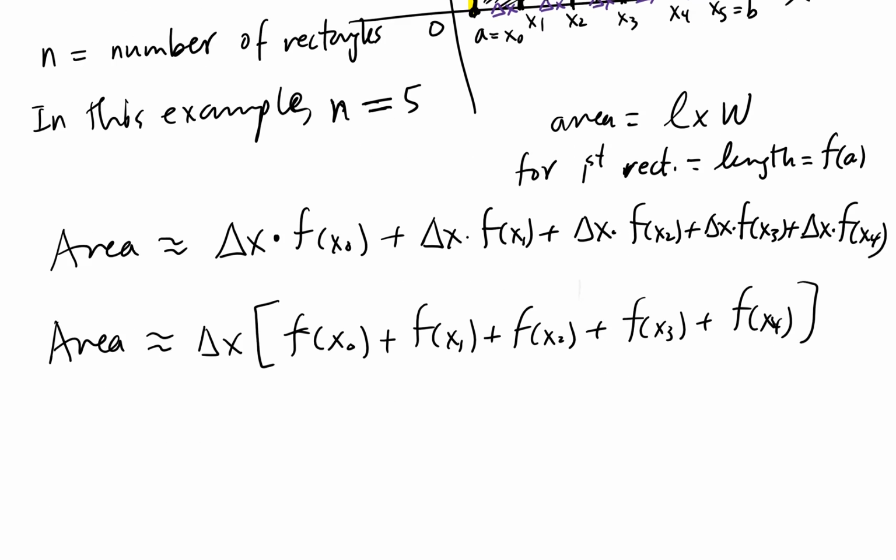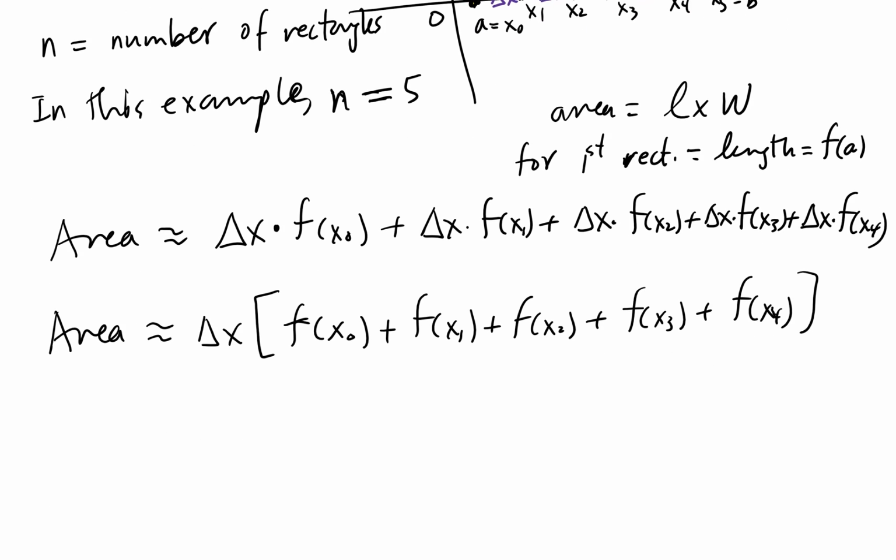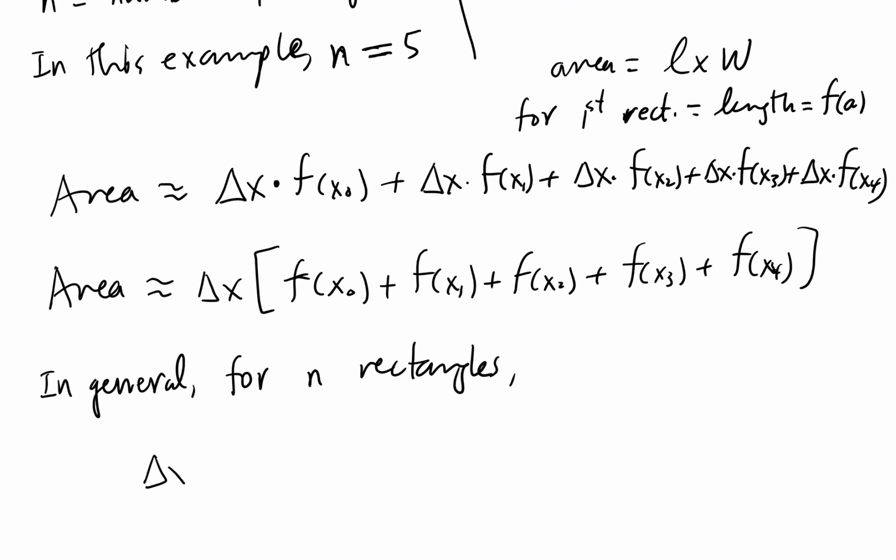In general, for n rectangles, see the one I did earlier, it was 5. For n rectangles, we get this delta x times f of x0 plus f of x1.